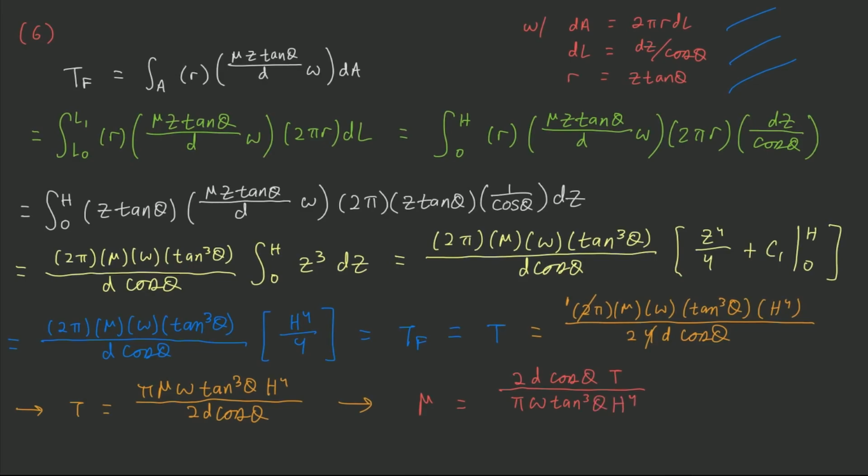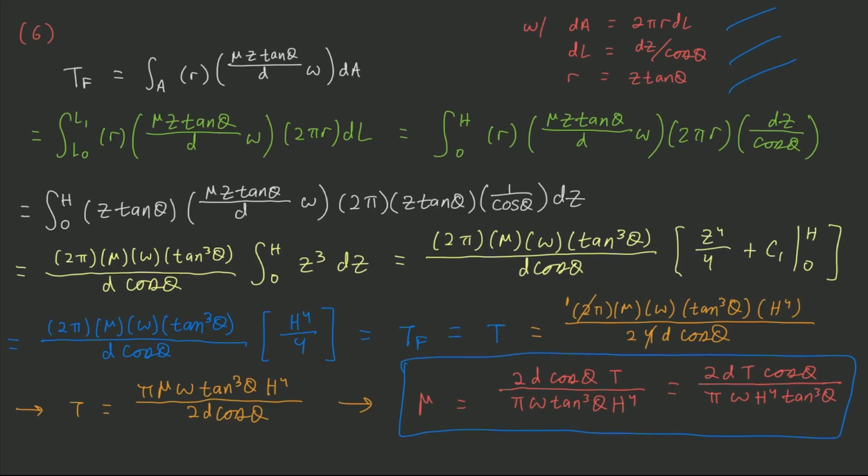And this is probably a little bit more clearly expressed as 2dT cosine theta over pi omega h to the fourth tangent cubed of theta. Just like that, okay? So this is our final result. This is our dynamic viscosity of our oil.